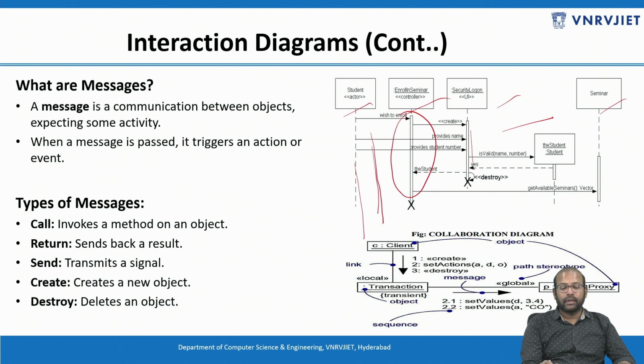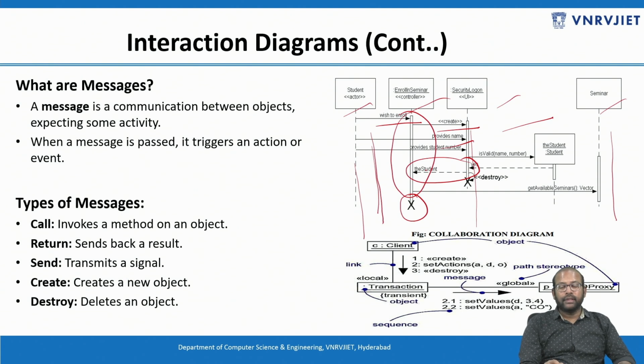For every object we create timelines, and based on that we start exchanging messages. Once the operation is over, we indicate it with a cross mark. This is called destroy, which means I have stopped using this particular object. You send the messages like this. This is called an object message, and for every message, if you want, you can also represent the reply message like this.